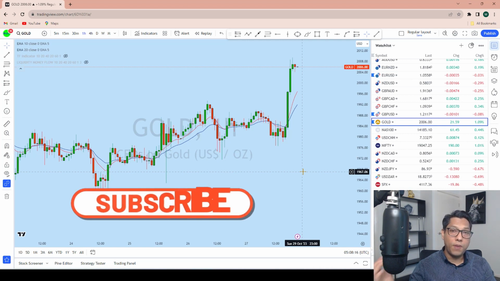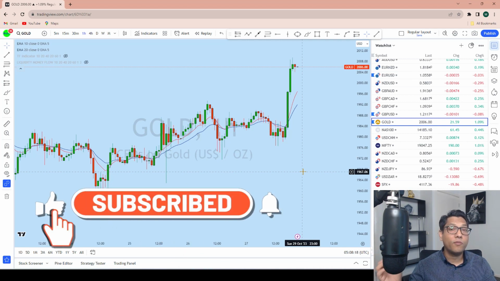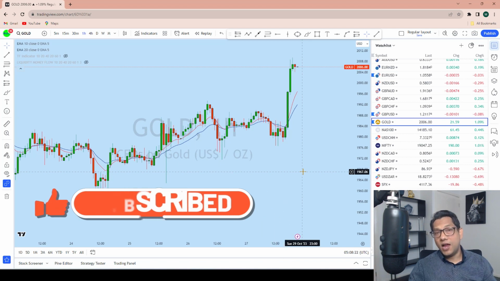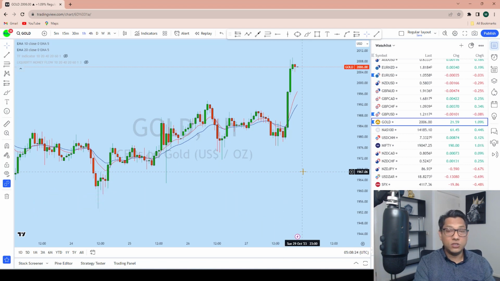I neither buy from the top nor sell from the bottom. They say that buy from higher high, sell from lower low, which is partially true. I normally buy from the local breakdown and sell from a local breakout. So let's see what I mean by this in the chart.